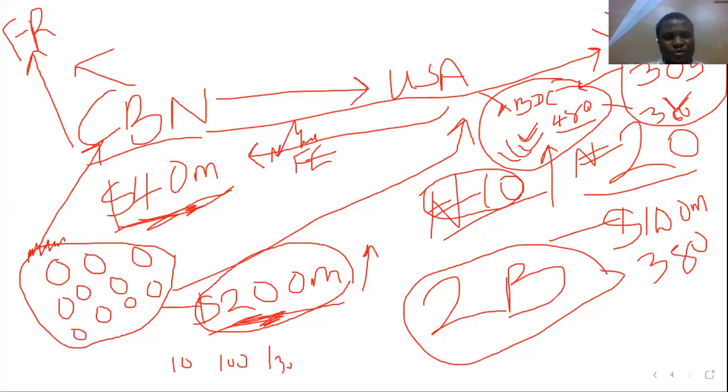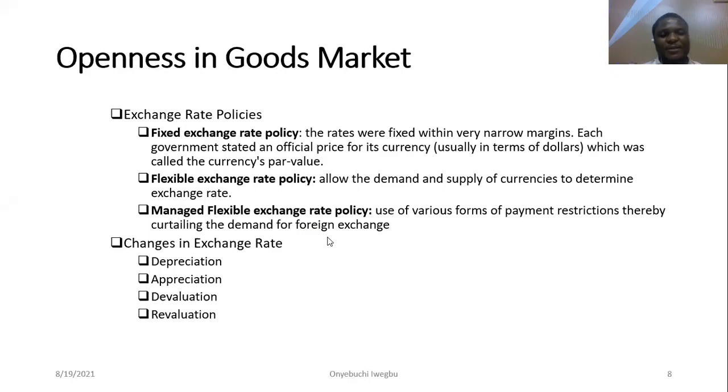That gives an explanation of fixed exchange rate and flexible exchange rate. So the managed flexible exchange rate is the one I just explained. They will use different payment restrictions to curtail the demand for foreign exchange.